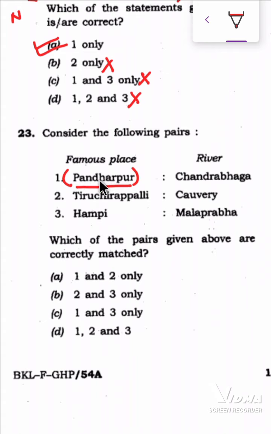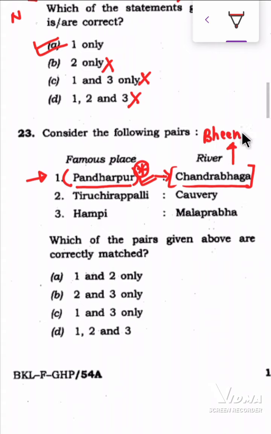This holy place is the place of Sri Vitthal and Sri Rukmini, and it is also called the Kashi of the South. Kashi is actually Varanasi, but the Kashi of the South is Pandharpur. It is situated along the river Chandrabhaga, which is also called the river Bhima.